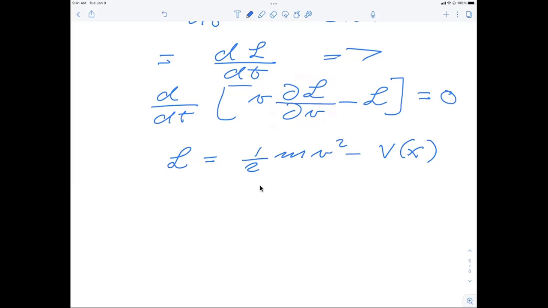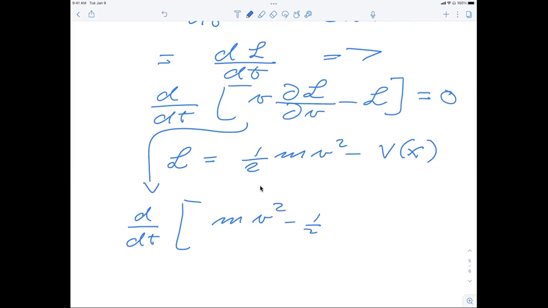If I now take the derivative of this quantity, what I have is a d/dt, and now I plug in the derivatives. When I take the partial derivative with respect to v, I get m times v, but then I have a v in front, so that gives me m v squared, and then I have minus 1/2 m v squared, and then minus the potential, but there is a minus in front, so this becomes plus V of x.